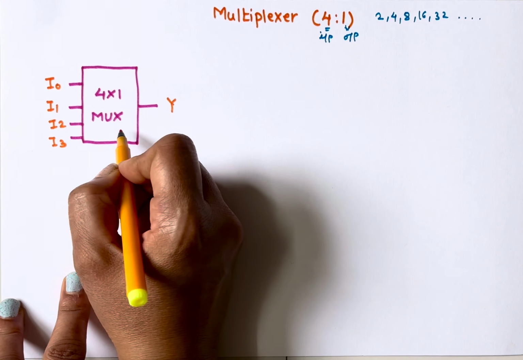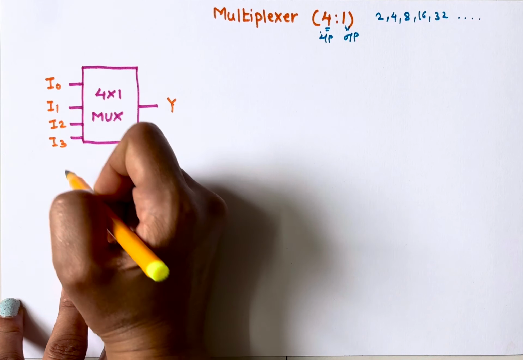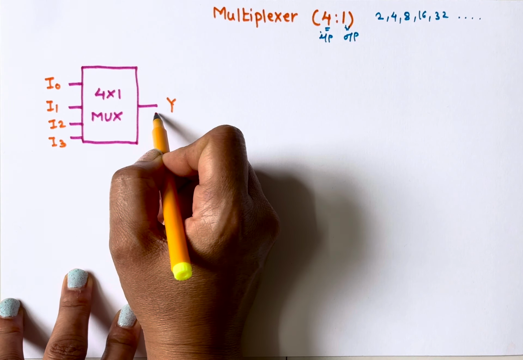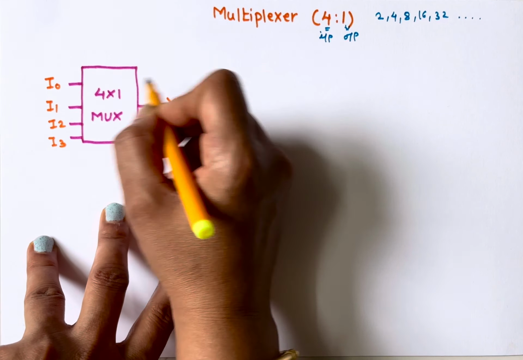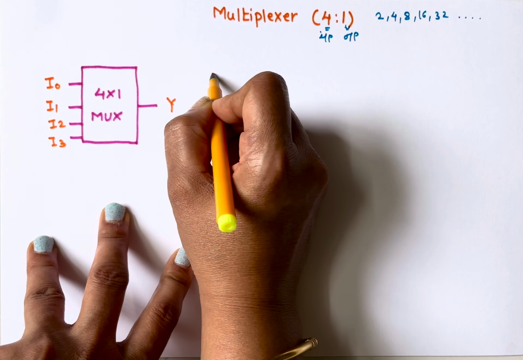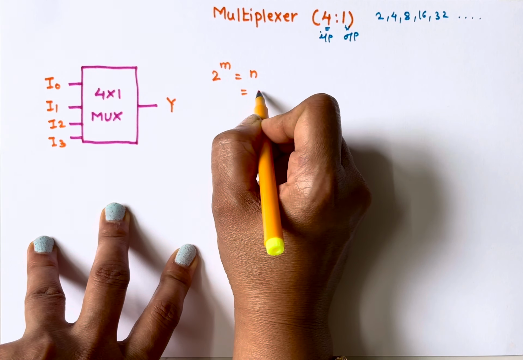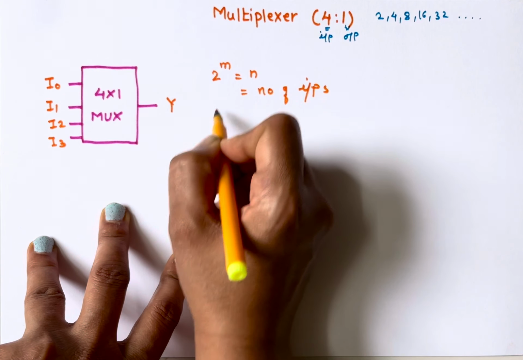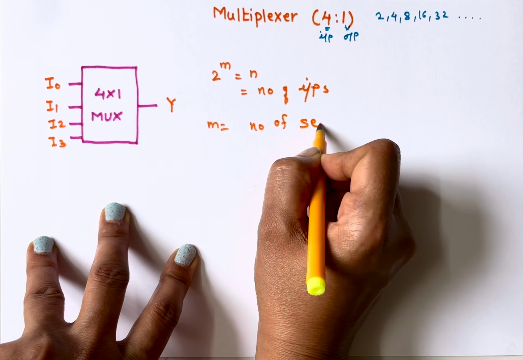So we need select inputs to select a particular input, because we have multiple inputs but only one input will come to the output side. The relationship between select inputs and actual inputs is 2^m equals n, where n is the number of inputs and m is the number of select lines.